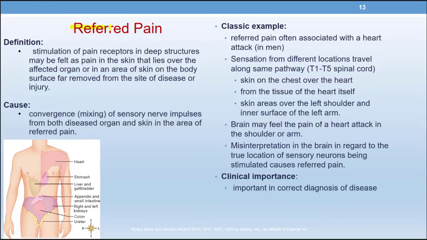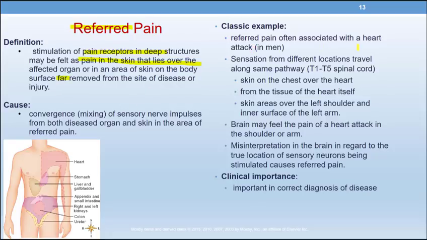And the final slide talks about referred pain. And this occurs because when there's stimulation of pain receptors in deep structures, it can actually be felt as pain in the skin that either overlies that organ or even a surface that's far from that site.